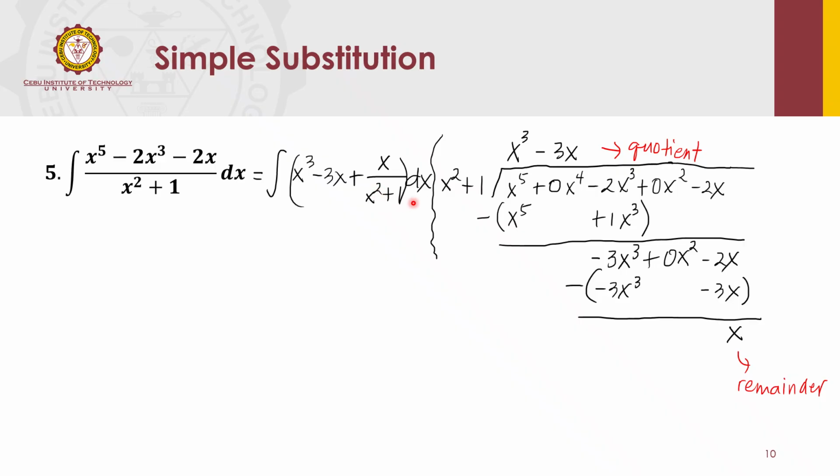So when you differentiate, the exponent of x decreases. So you should be quick to see that x squared plus 1 is our u, since x is ready for the du. So we let u be the denominator, x squared plus 1, so we can write it as du over u. So du is 2x dx.